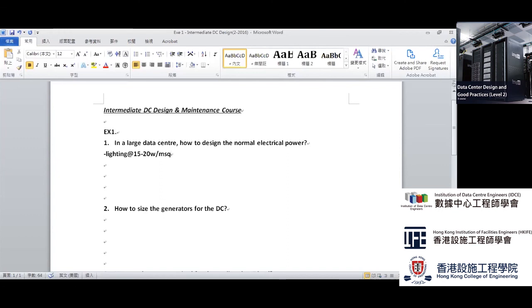And then the power, including some AC unit, then it could be say 40 to 90 watts per meter square.